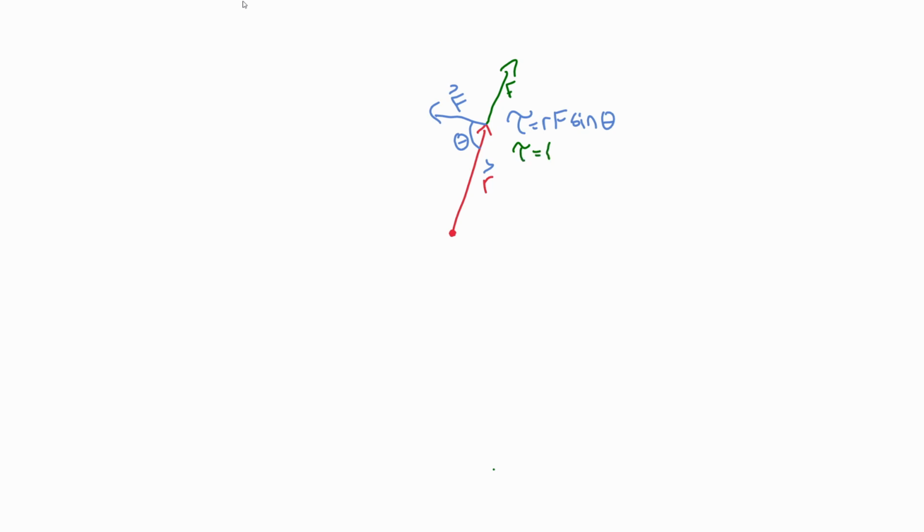In fact, R, F, sine of 0, not theta, 0, sine of 0 is 0. So in this case, there's no torque applied. And it's not going to actually rotate in any way.